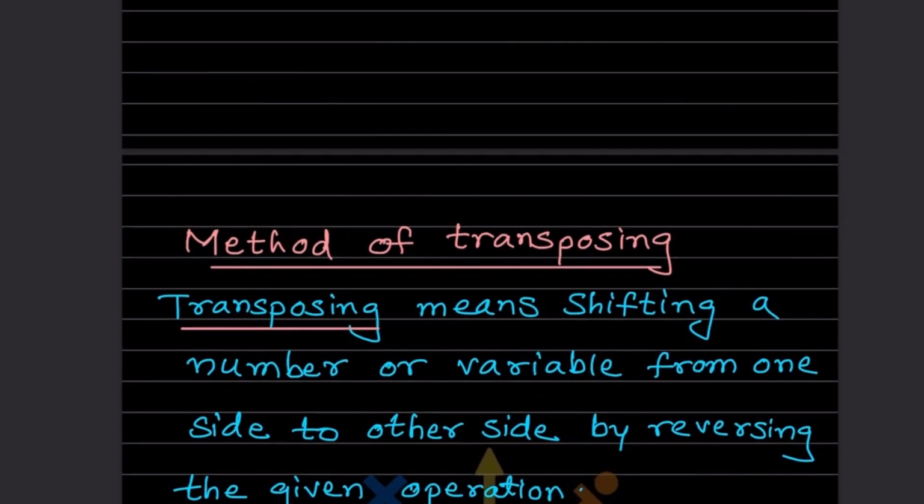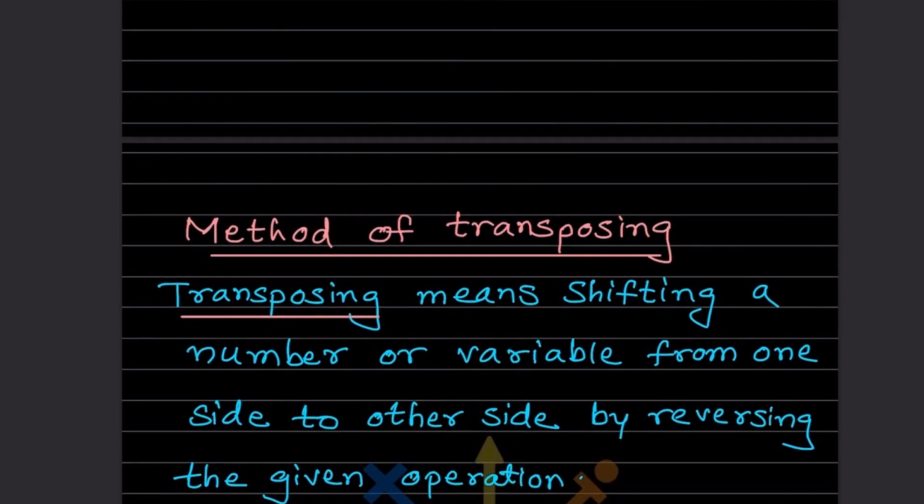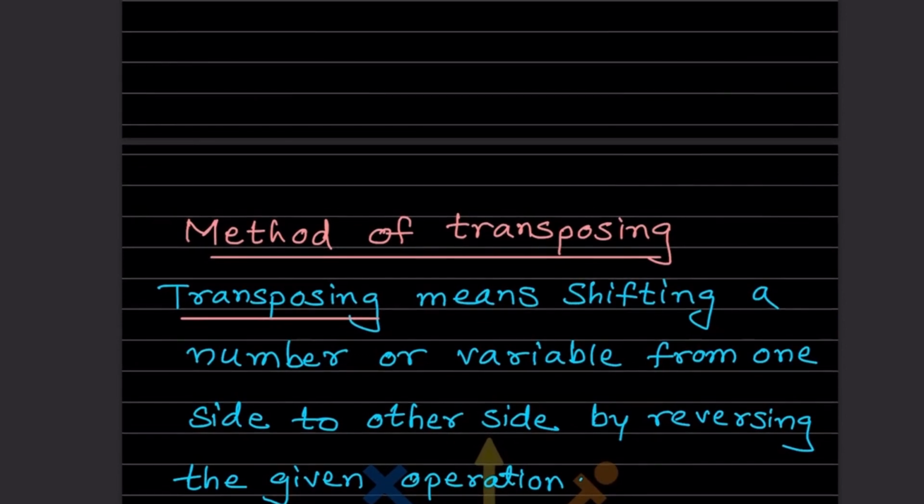So in this, first we are going to look at a brief introduction on this topic. You must have heard about transposing. What do you mean by transposing? Transposing means you are going to shift, that is shifting a number, that can be a variable, from one side to the other side by reversing the given operation.